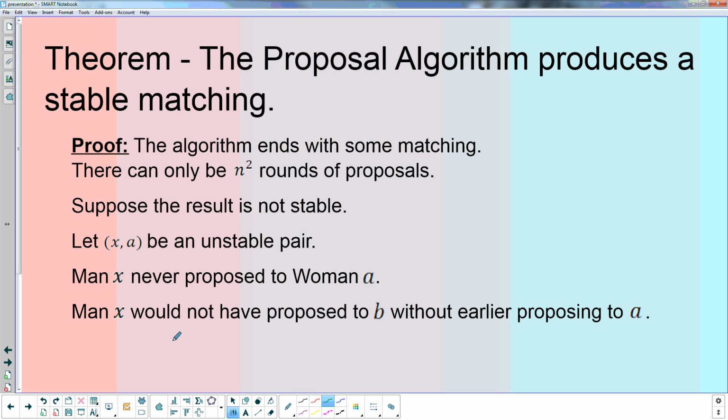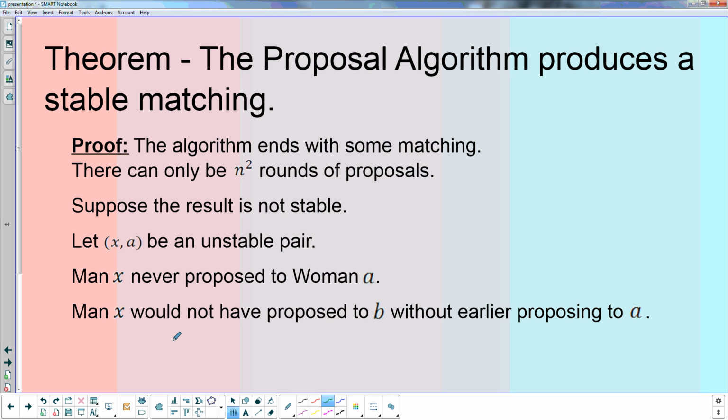And because of the fact that in every round of proposals, the man's list never goes upwards, it always goes downwards. So it's always descending, or at least staying the same. In terms of Alvin and Charlie, they were paired up right at the start, and they were each other's top choice. Alvin kept proposing to Charlie, and so that makes Alvin's list technically never go down, but it never goes up either.